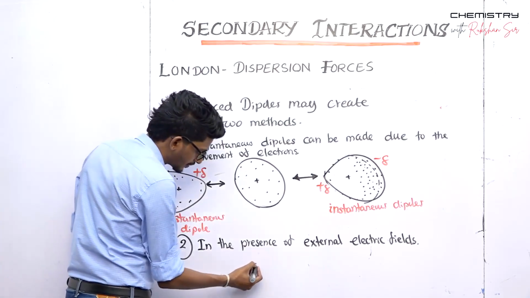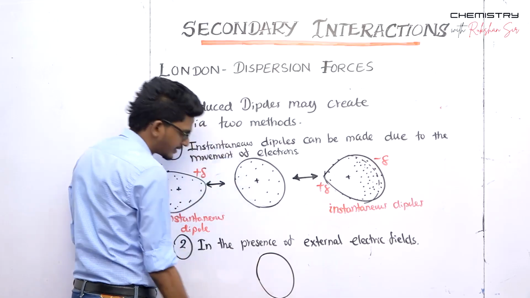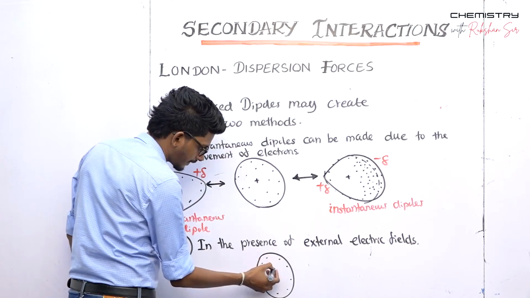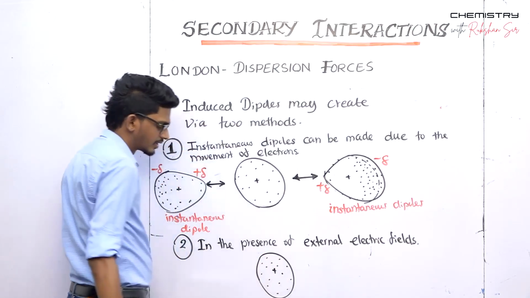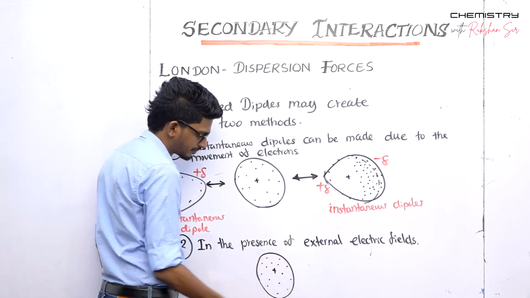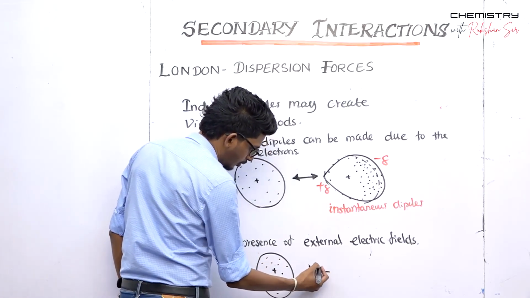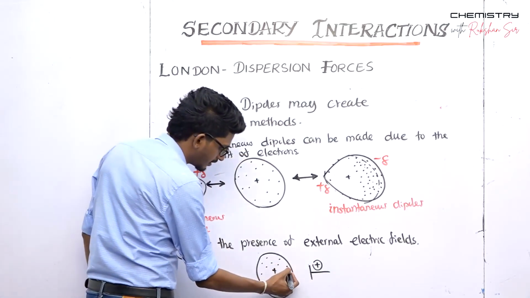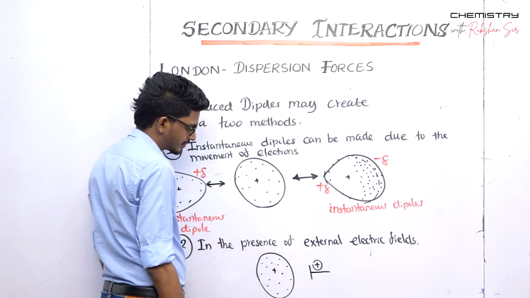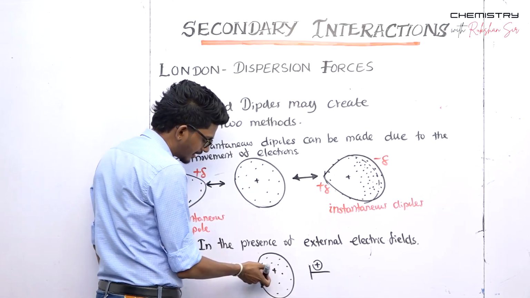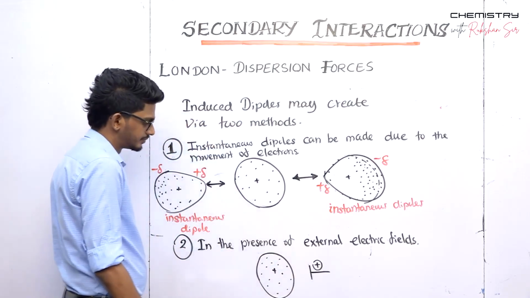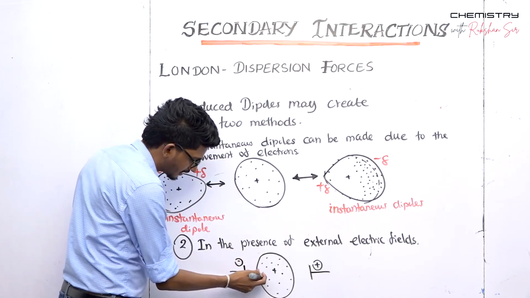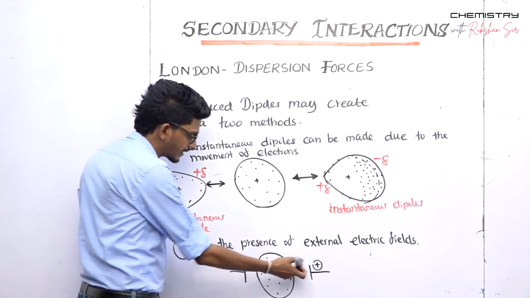It's like this. If you had a symmetric electron density like this, and you apply some positive pole here, what will happen? These electron densities will move towards this positive pole, and repel from the negative pole.